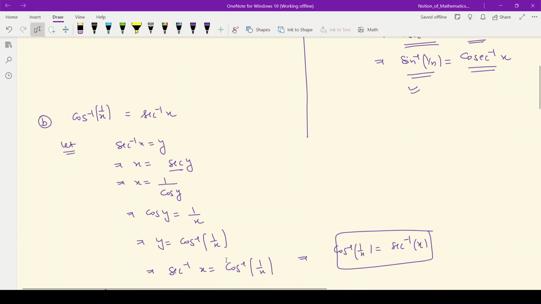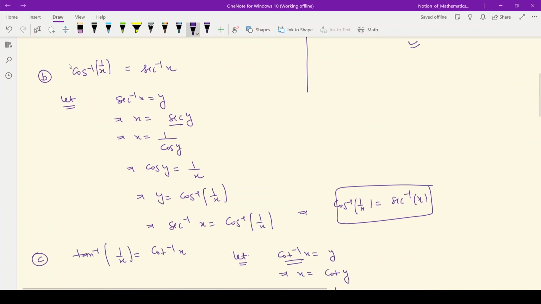Thereafter, this is the second property which we have to prove. For this purpose I have considered secant inverse x equal to y, that is x equal to secant of y, and we know secant of y is 1 upon cos y, so that is what I have written, or cos of y is 1 upon x.